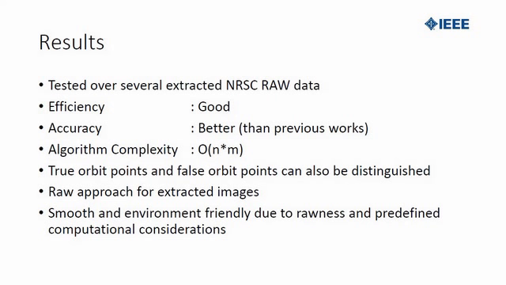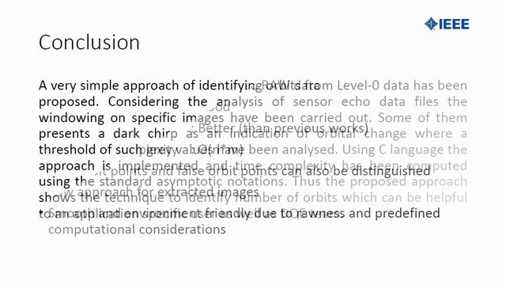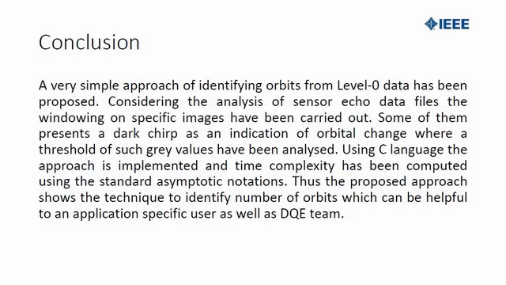That means the orbit points which lie on a certain orbit lie on that particular orbit only. They won't get distinguished into different orbits, and a very smooth approach can be derived through a normal C program.